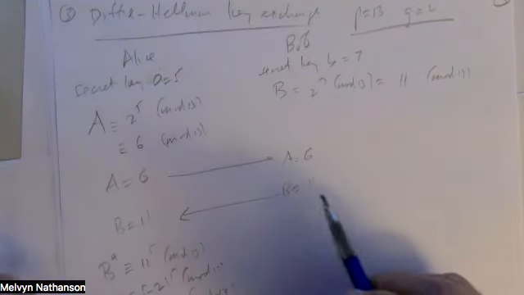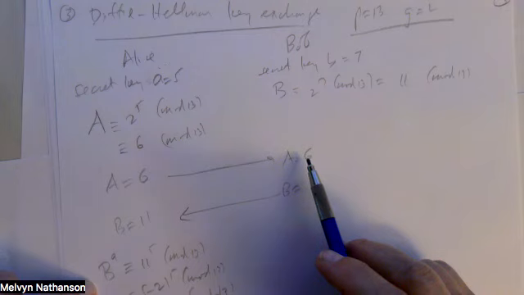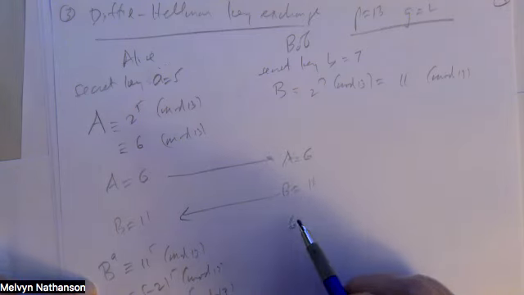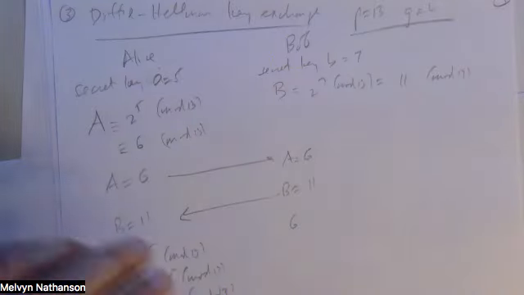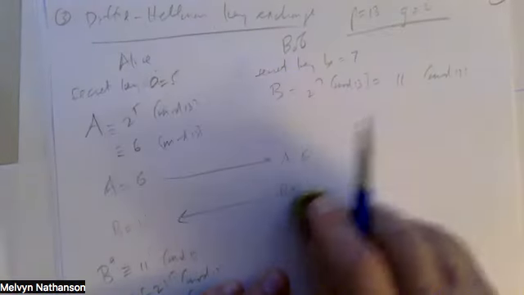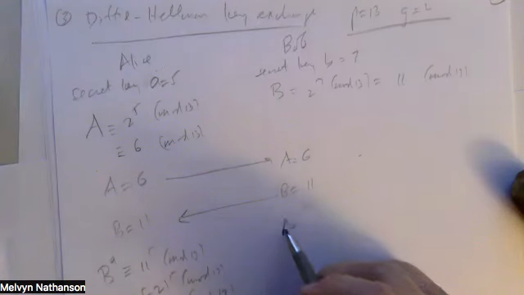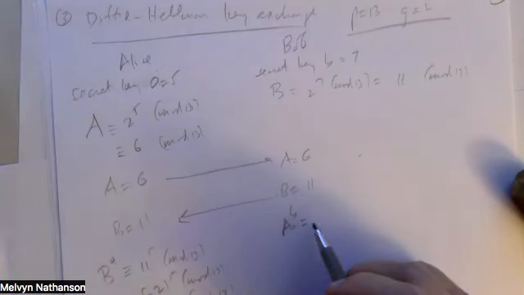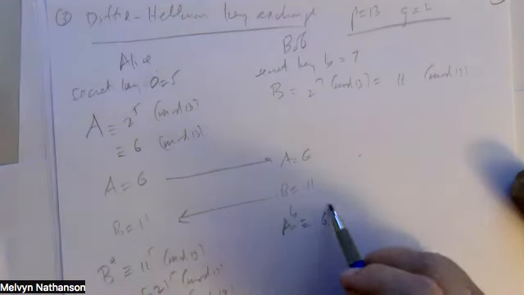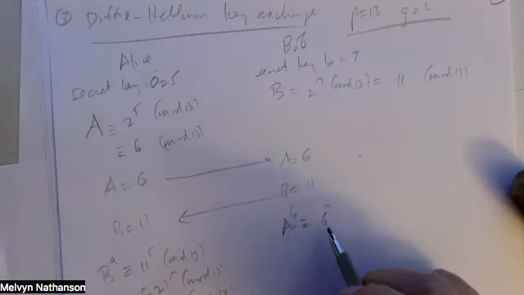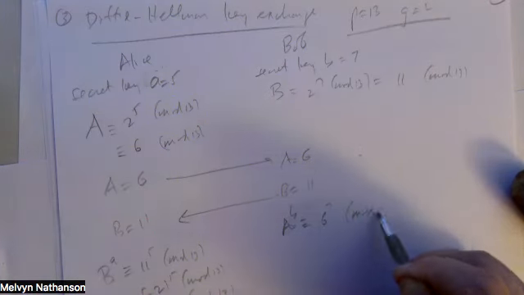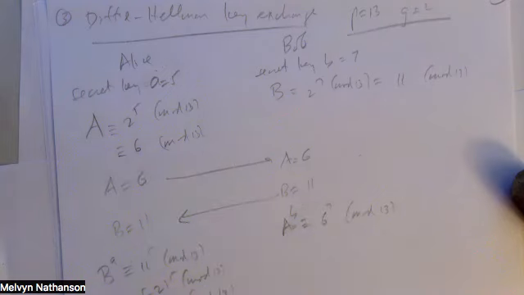What about Bob? Bob takes the number he got from Alice, which is 6, and he wants to calculate A to the power of little b. So A is 6, little b is 7. So Bob is calculating 6 to the 7th power mod 13.